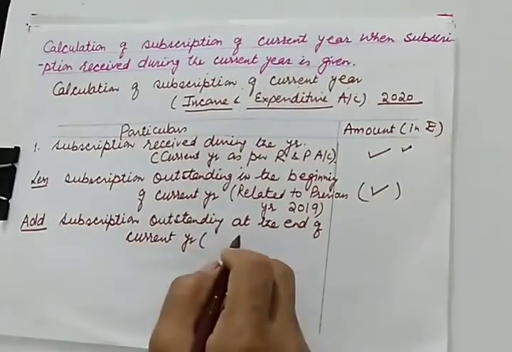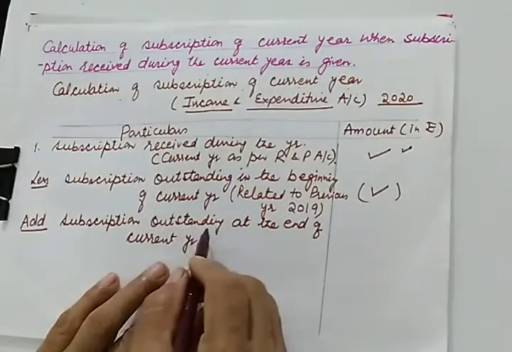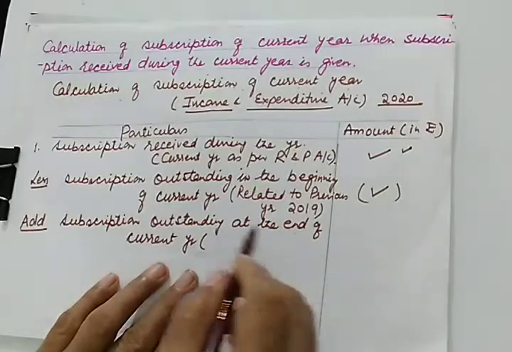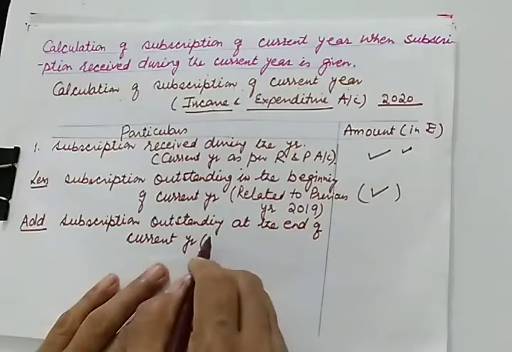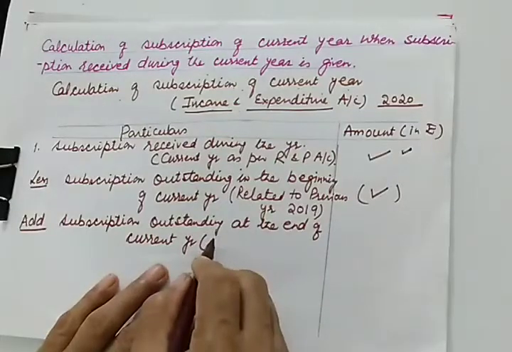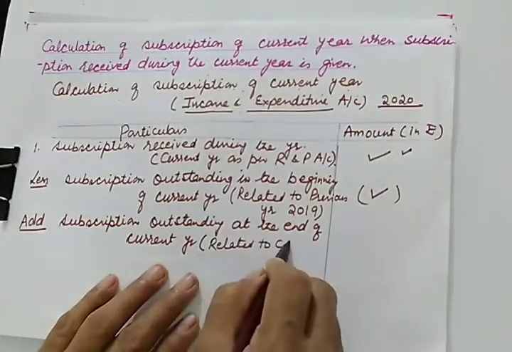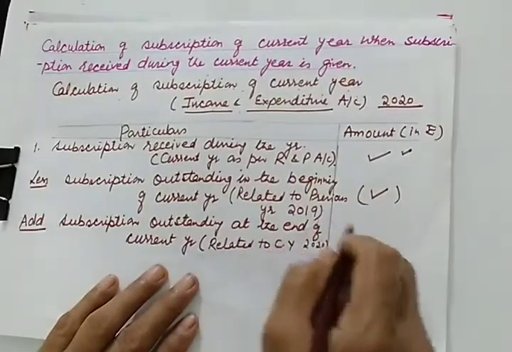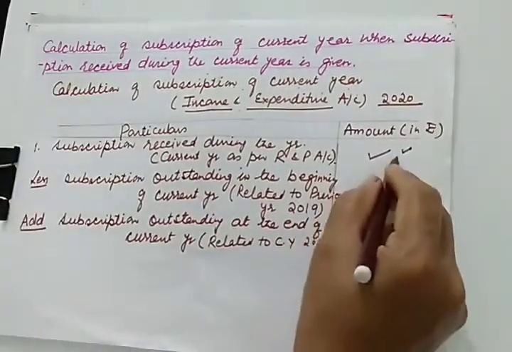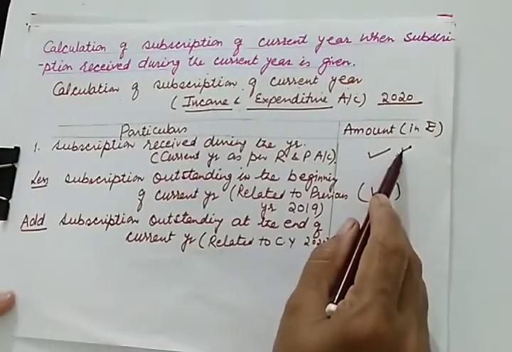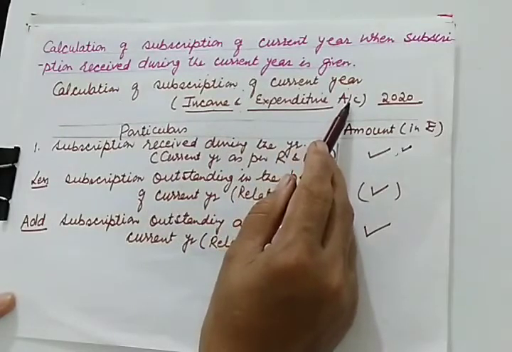Now I am writing the reason also, because this is the subscription which is outstanding. You can use other words, but here especially in case of income and expenditure account we use the word outstanding for income. So subscription outstanding at the end of year, because this is related to current year 2020. So whatever subscription is related to the current year we will add, because receipts and payments moves on cash basis and income and expenditure we prepare on accrual basis.